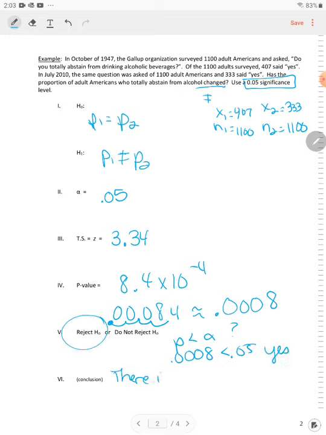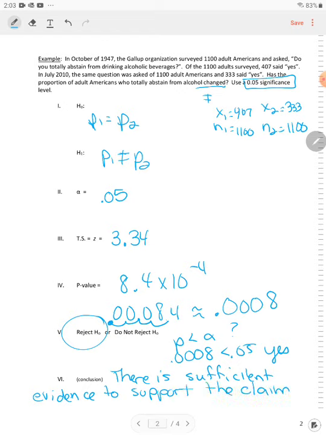There is sufficient evidence to conclude, or to support the claim, that p1 does not equal p2. We could also put it in words. We'll do that in the next example.